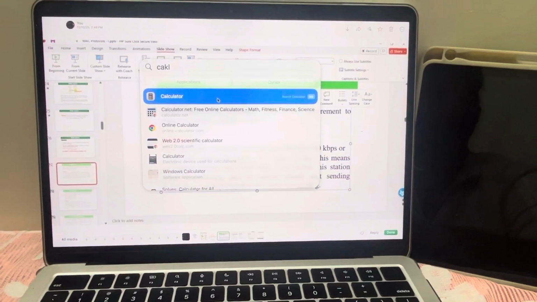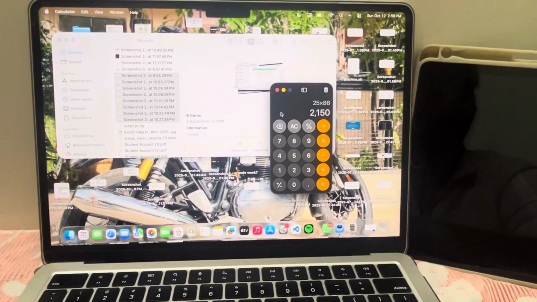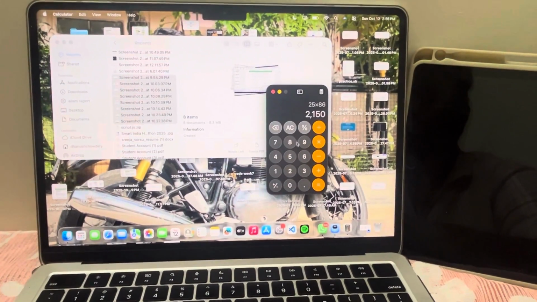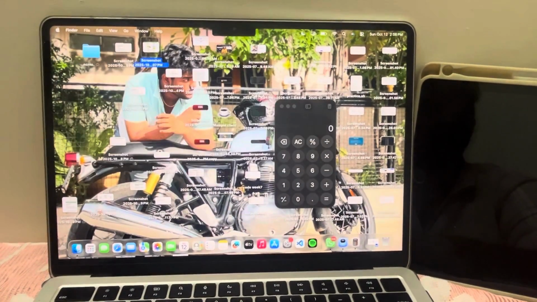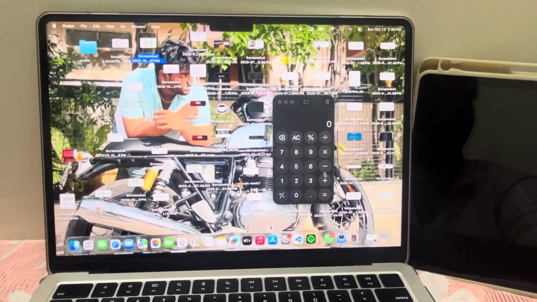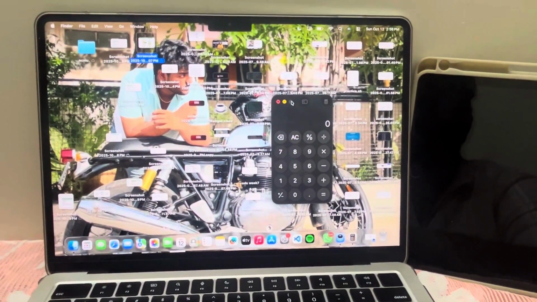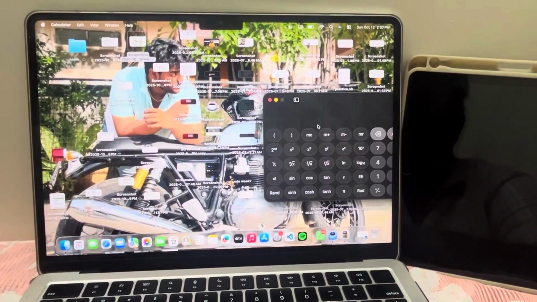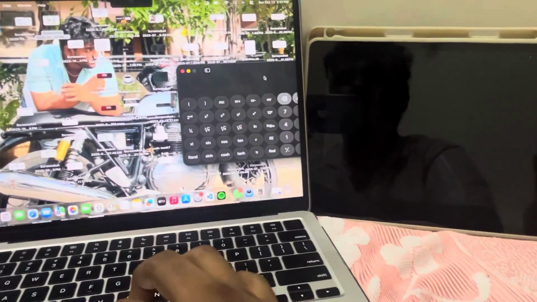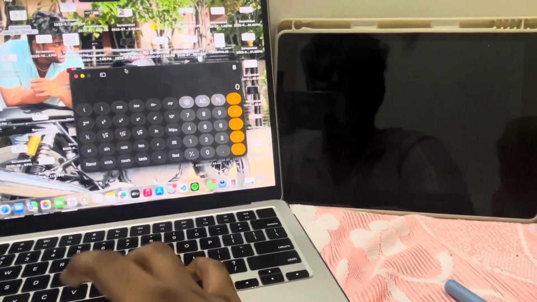So E, if you go up here and have a scientific calculator, the value of E would be here.